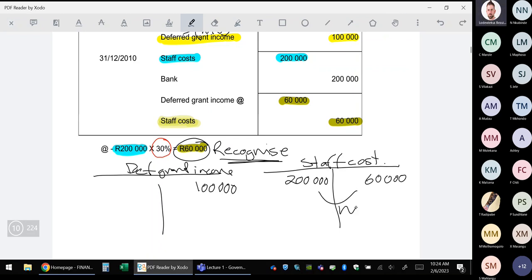So the net expense is 140. And year one, we recognized 60,000.